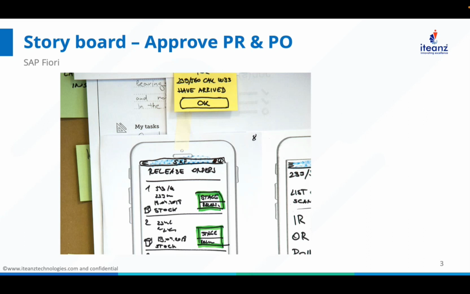Now, how is this transformed using Fiori? Fiori has released an app to approve purchase requisitions and an app to approve purchase orders. Those apps can easily be accessed over a smartphone. A smartphone takes data from Wi-Fi or the cellular network.